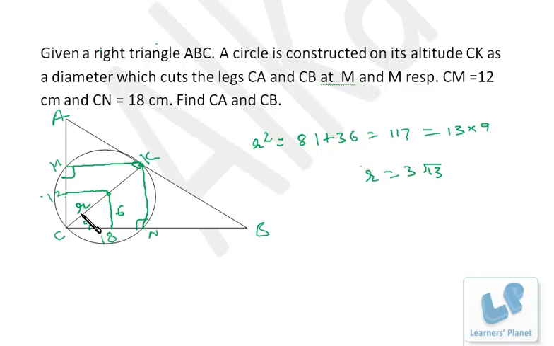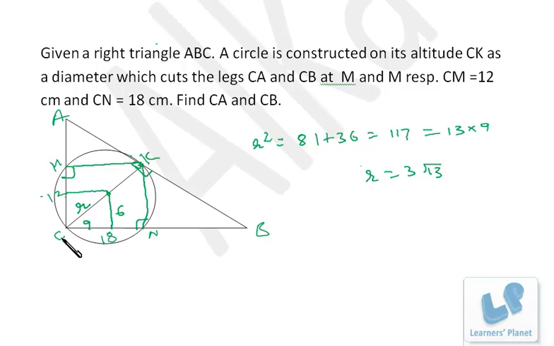Now, as I've already discussed various times in the sessions and workshops of geometry, if there is a right angle triangle, right, this is a right angle triangle, right? Now in that case, what happens? The two right angle triangles inside this triangle and the original triangle, all of them are similar to each other, right? So that property I'll be using to find out the lengths which have been asked.